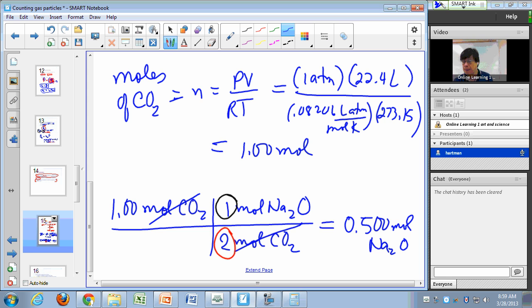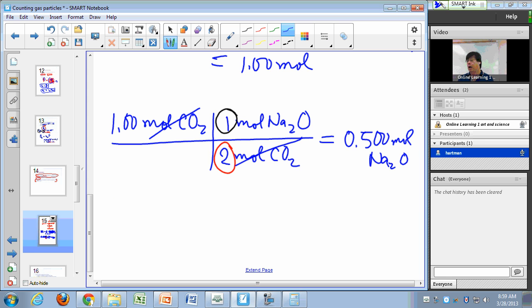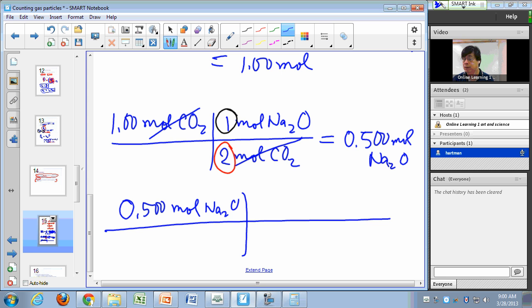Now, if you want to know how many grams that is, then you'll just have to change that to grams. How do you change moles to grams? You're going to need the molar mass, right? So 1 mole of Na2O, and I need the molar mass over here. What's the molar mass of Na2O?